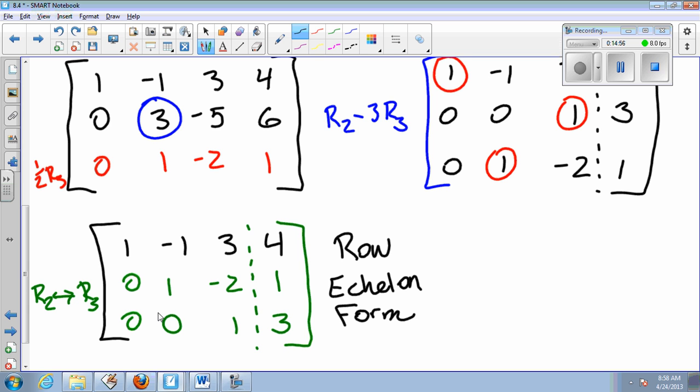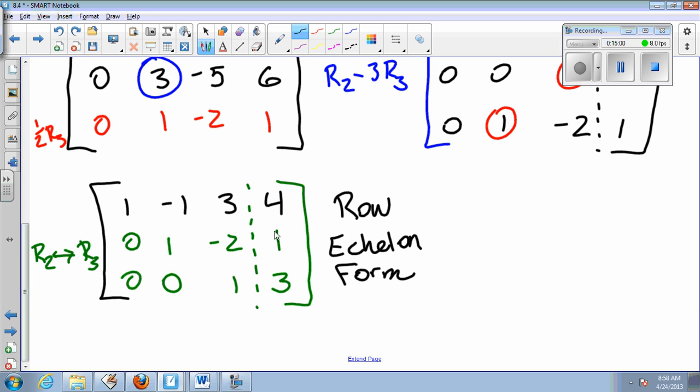And we see that in our third column, for z, Z is 3. We see y minus 2z equals 1 from row 2.